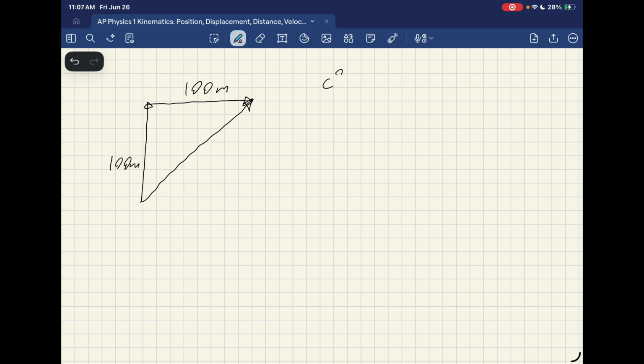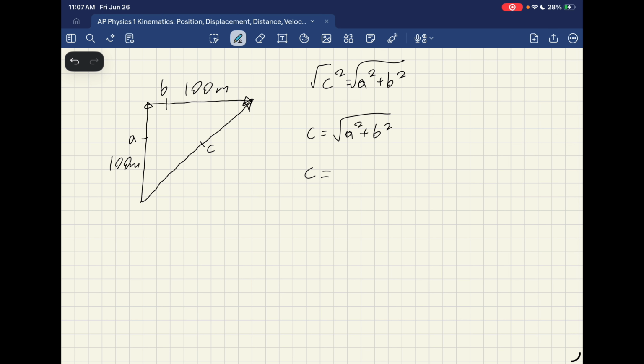So it is c squared equals a squared plus b squared, where a and b are the two legs of a triangle, and c is the hypotenuse. We can solve for c by taking the square root of both sides. So c equals the square root of a squared plus b squared.